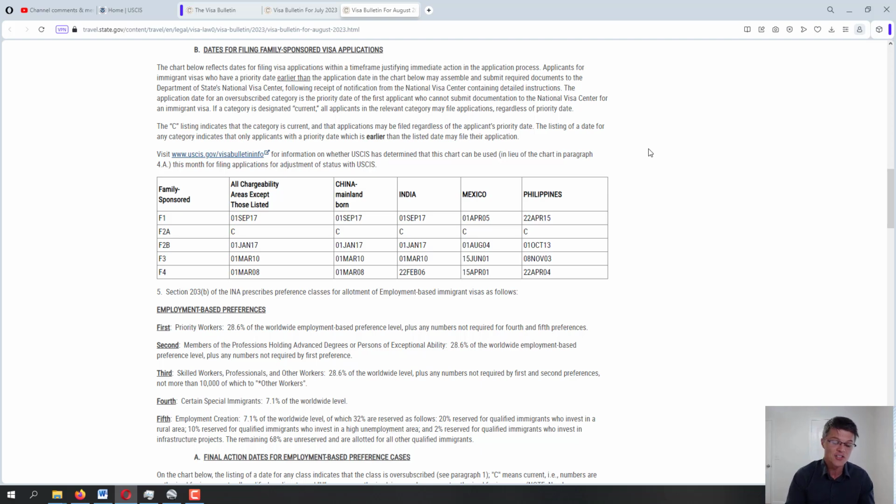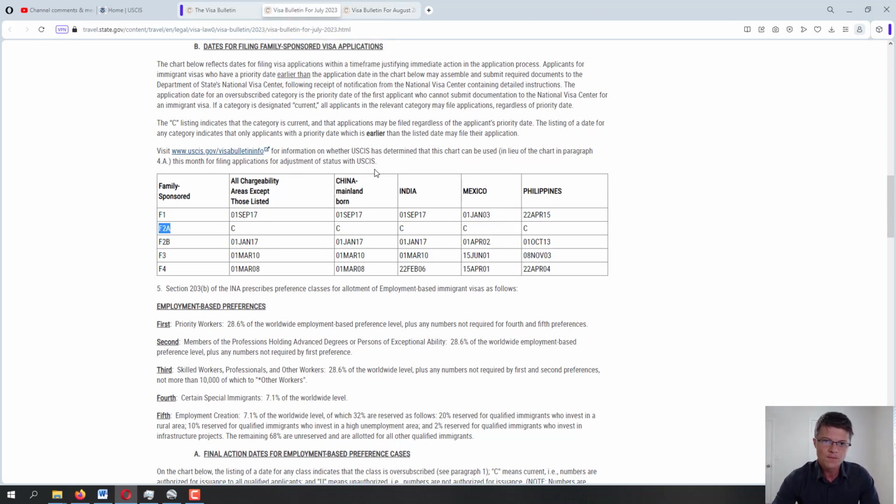In 8 years, there's a lot of things that can change. And usually NVC opens up the portal about 2 years, maybe a year and a half, before the availability of the immigrant visa. So I'm thinking we're going to see some no longer current in the next few Visa Bulletin editions.